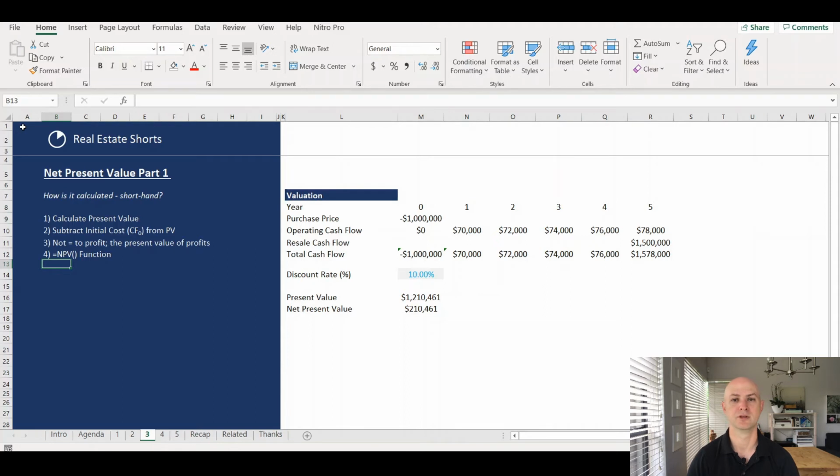Why? So at first glance, you would assume, hey, listen, Alex is talking about present value. Let me use the PV function. The problem is that the PV function only works when you have a consistent, non-changing interval, amount of time, and payment amount.